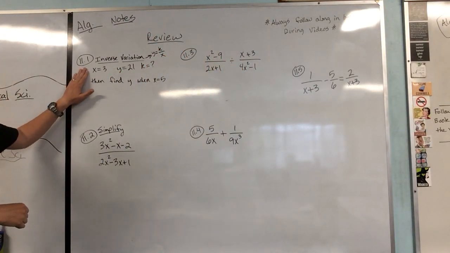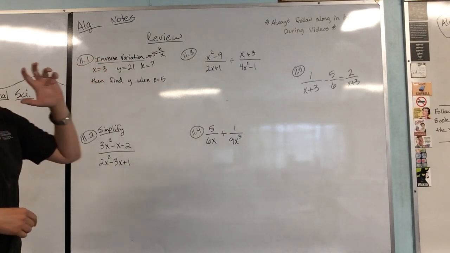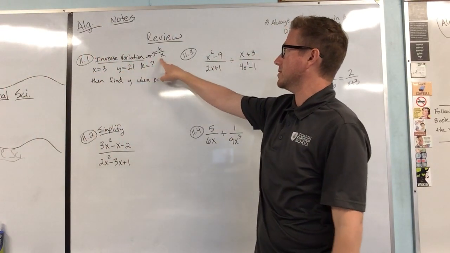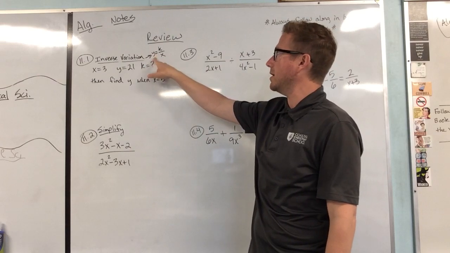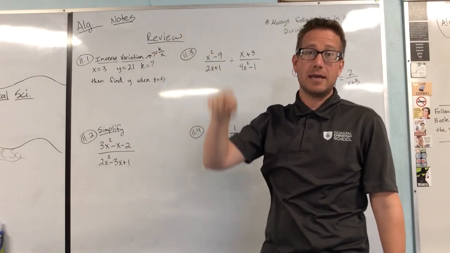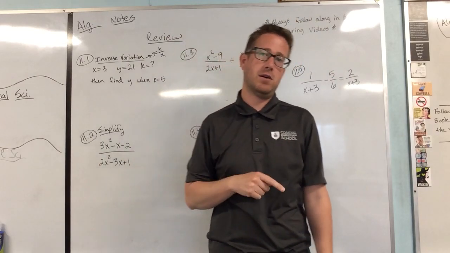Okay, first problem here from section 1 talks about inverse variation. All right, and I wrote up the equation just as a reminder. This is the equation right here for inverse variation. Y equals k over x. All right, k stands for the constant of variation.